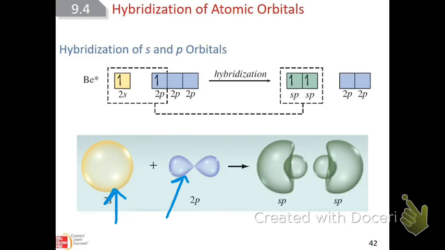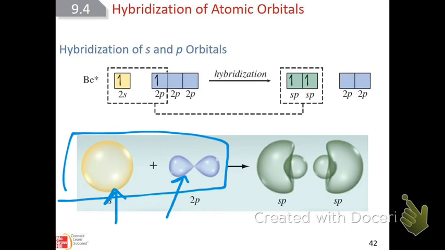If they're more clear, almost white, that means they are empty, they don't have any electrons in them. What these two do when they squish themselves together, yellow and blue make green. So this is called an SP hybrid. It's got properties of both. There's your sphere and there's your peanut, and they kind of join together and make this funny looking shape.